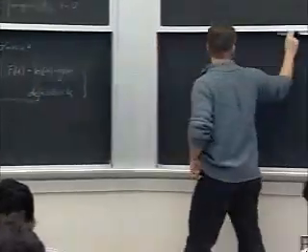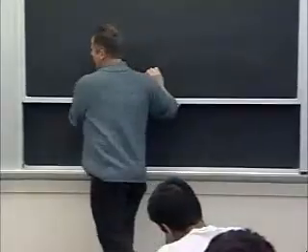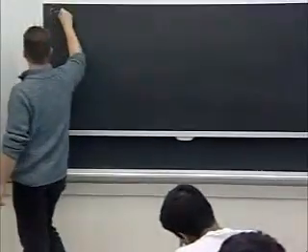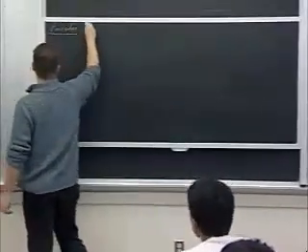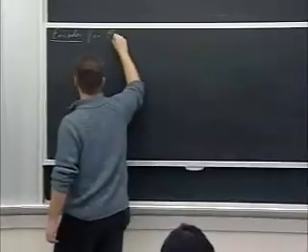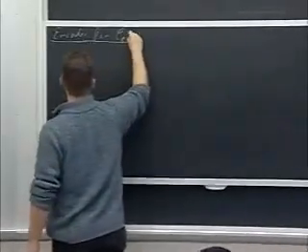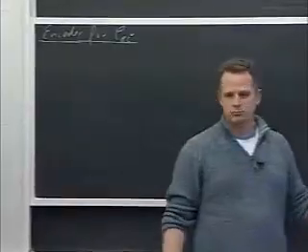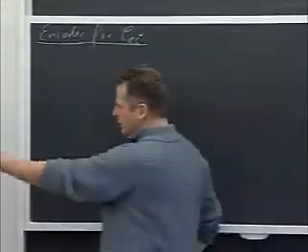Right, so now we think a little bit about an encoder for a Reed-Solomon code. How would we do that? You look at this here.